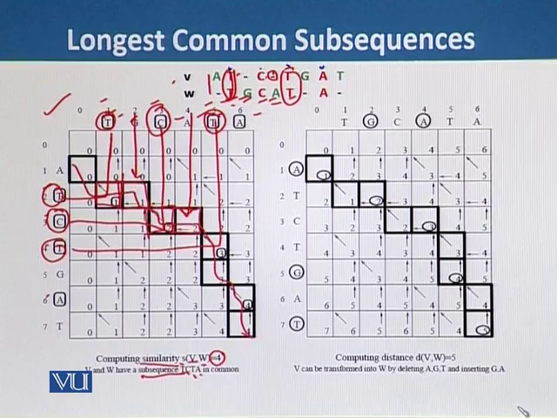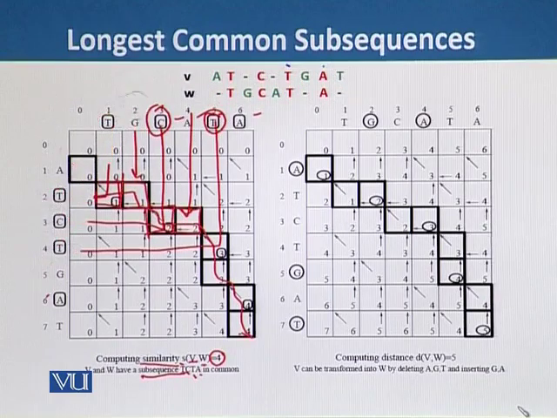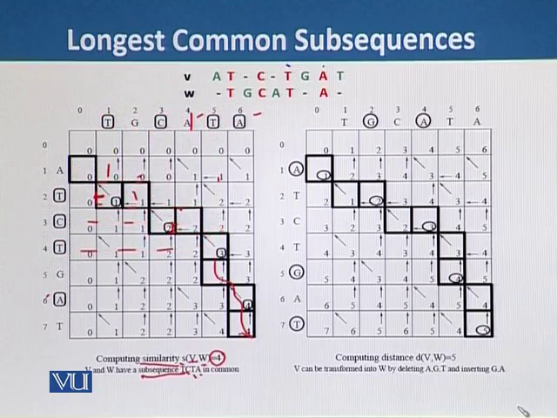And we will reach the end. This is the solution of this matrix by using the similarity between the two strings, that is subsequences.